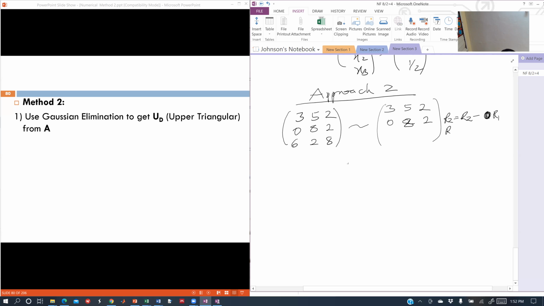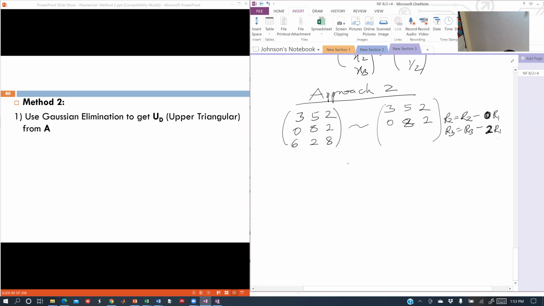Row 3 is equal to row 3 minus, what is the Gaussian factor there? The Gaussian factor is going to be 6 divided by 3, and that will give me 2, times row 1.